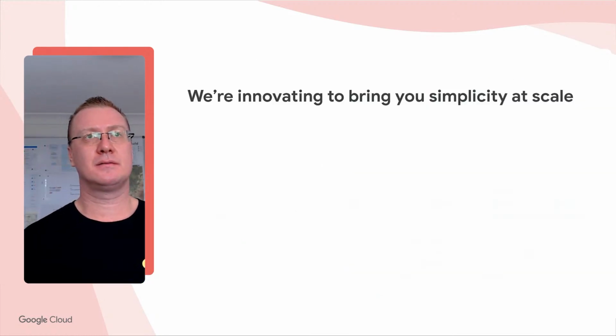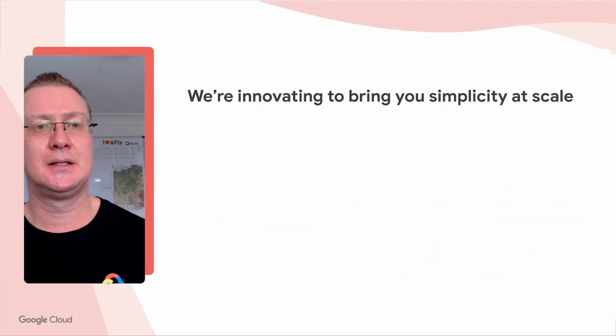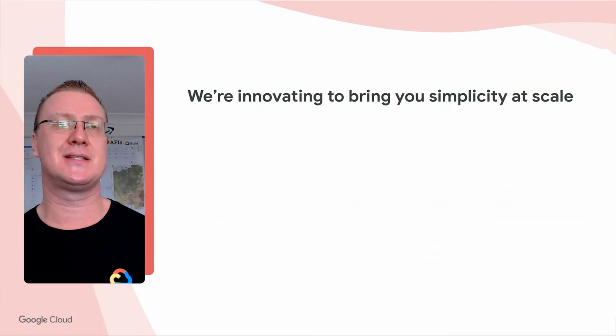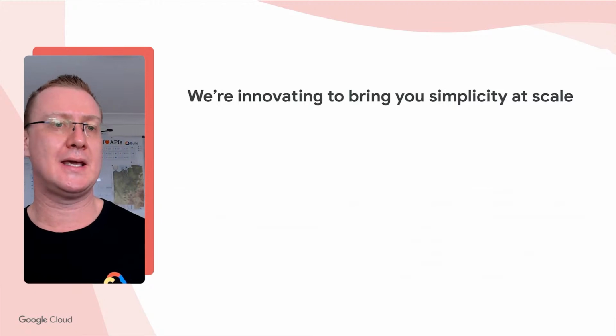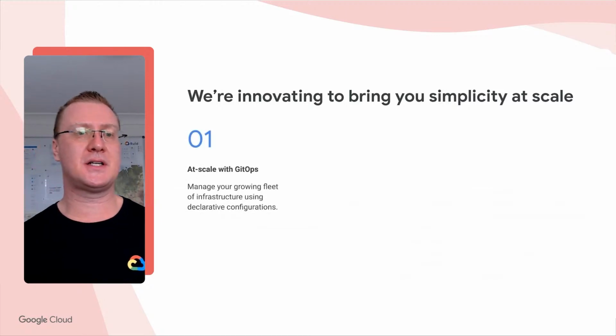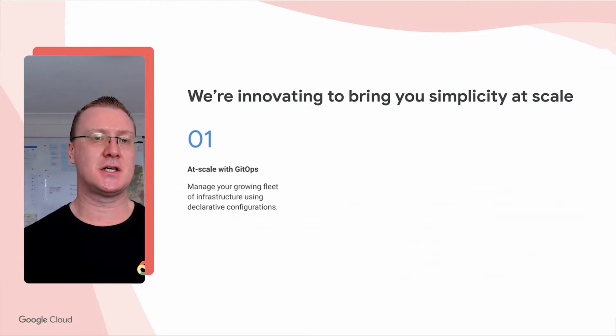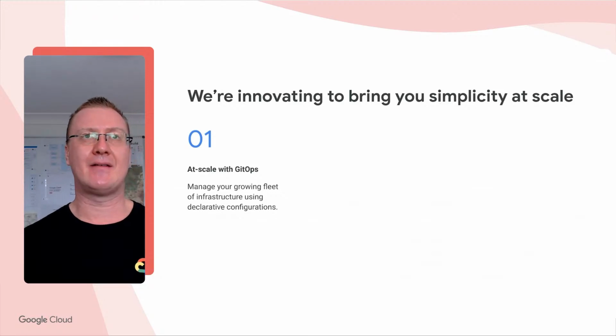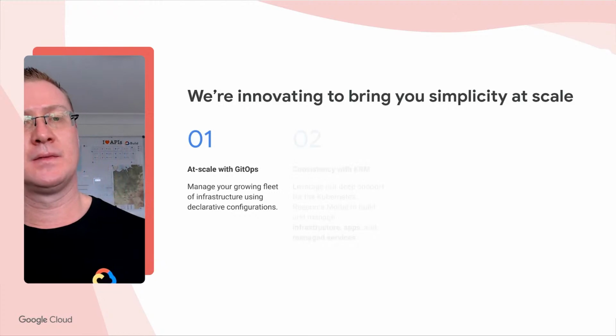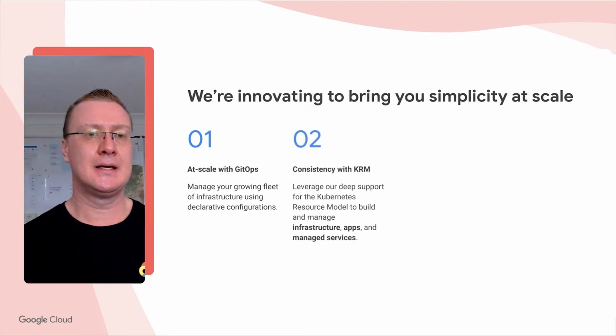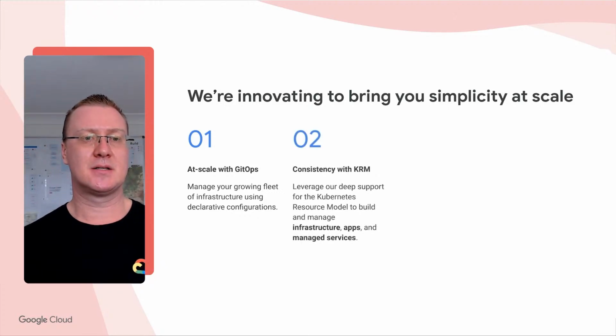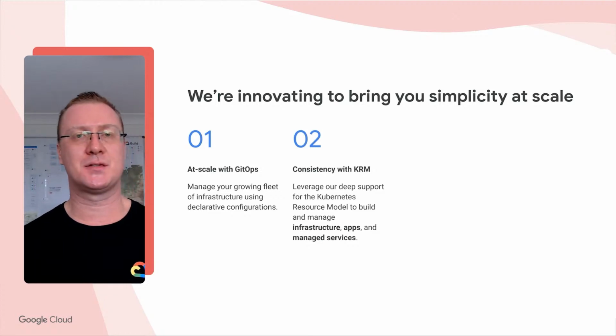So to summarize what we've just talked about, we're essentially innovating to bring you simplicity at scale in 4 key areas. The first area is at scale with GitOps, managing your growing fleet of infrastructure, having that declarative config, and deploying it across all of your clusters. Next is consistency with the Kubernetes resource model to build and manage infrastructure, apps, and managed services.